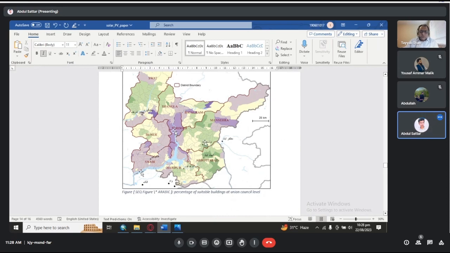So the first thing we can say is that not all the districts have equal opportunities. Opportunity varies from district to district, and further from union council to union council. Within the district, it's not like they all have equal opportunity, and that also varies.